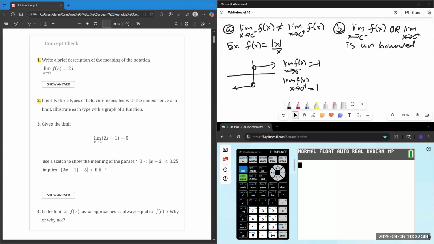And I want them to be equal to each other so it doesn't violate condition 1. Same type of unbounded behavior. So let me just give you the example of f of x is equal to 1 over x squared. It has a vertical asymptote at x equals 0, and it's going to be unbounded in the positive direction, increasing without bound both from the left and from the right.